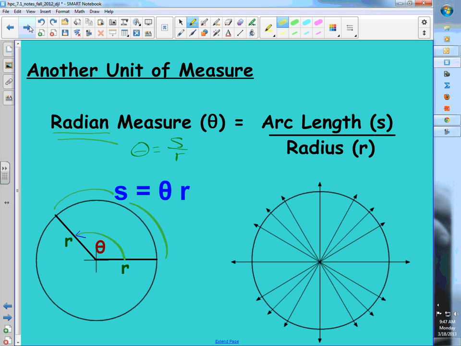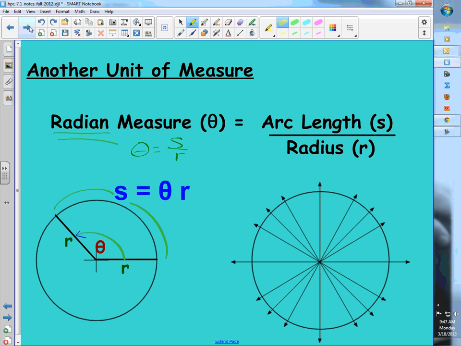A radian measurement can be found by taking the length of the arc and dividing it by the radius. Remember, an arc length is the length or distance on the circle from point to point of an arc. An arc is part of a circle. So S stands for arc length, right here. And R stands for the length of the radius.